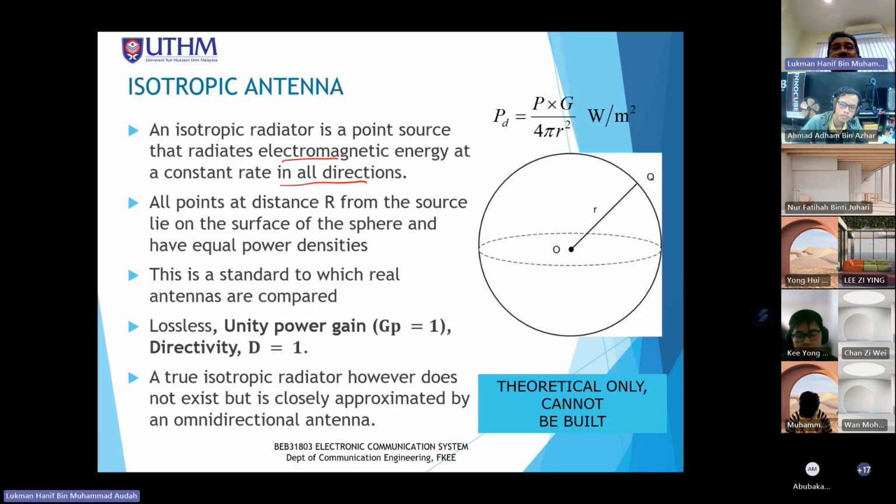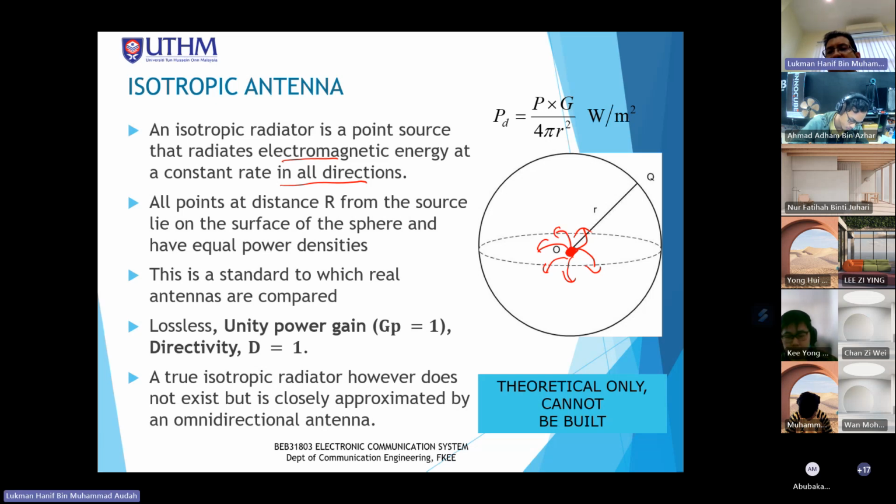When we design a real antenna, normally we use the isotropic antenna as a reference. So the isotropic antenna is a reference antenna. In this picture, the isotropic antenna is this one, the point source at the center, where it radiates the wave in all directions.